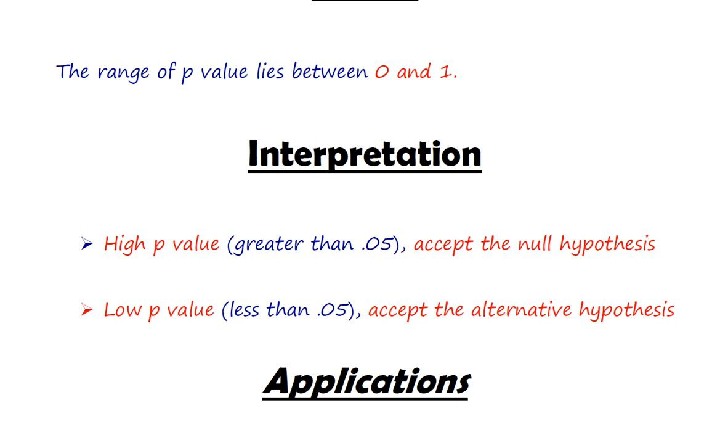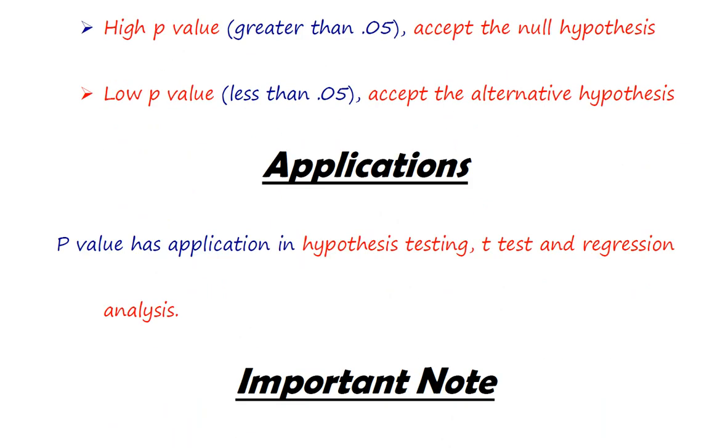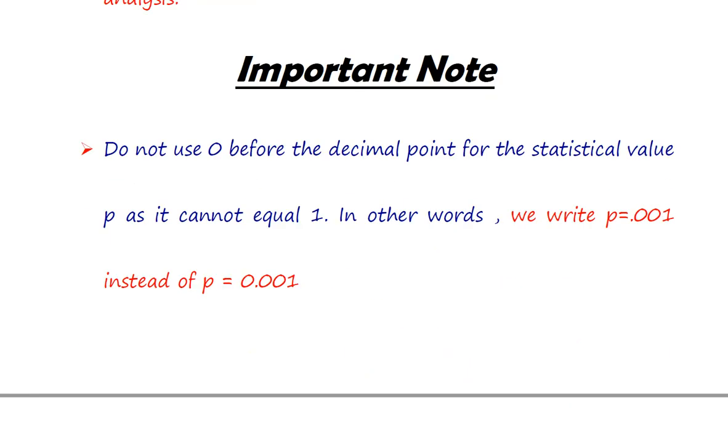Otherwise, if we have low p-value, our p-value is less than 0.05, it means the statement drawn about null hypothesis is incorrect, and we accept our alternative hypothesis, which is the opposite of null hypothesis. We reject null hypothesis if p-value is less than 0.05.